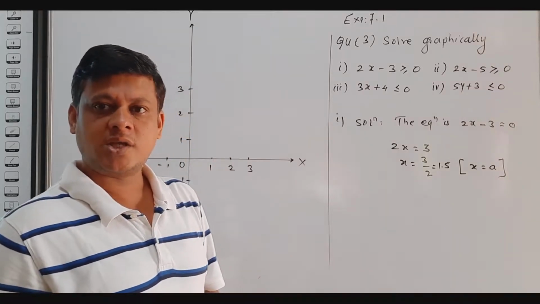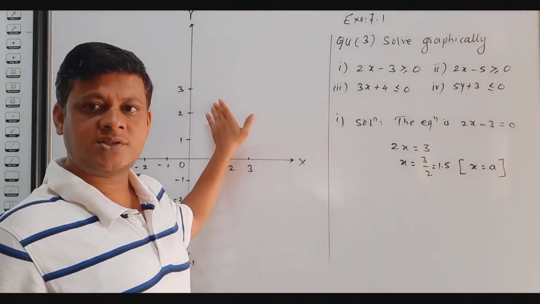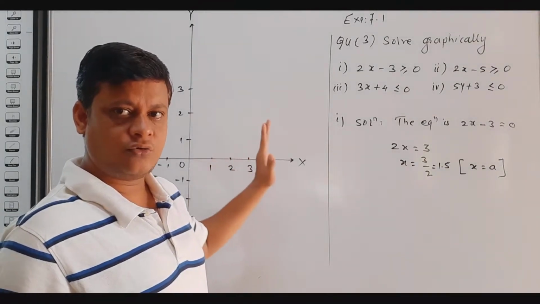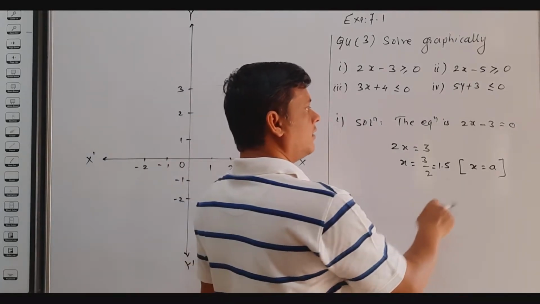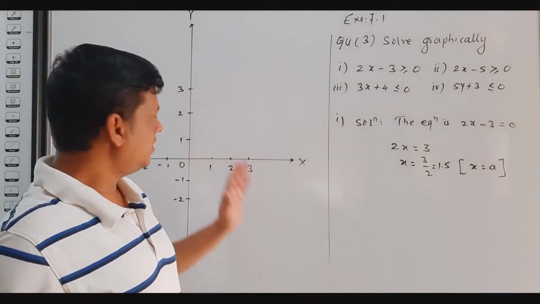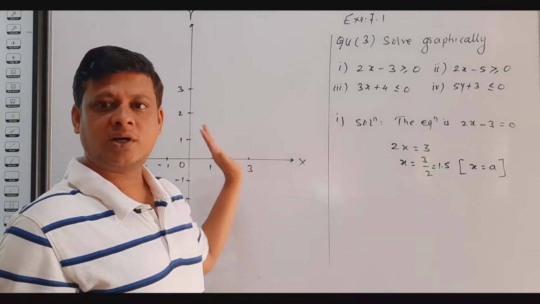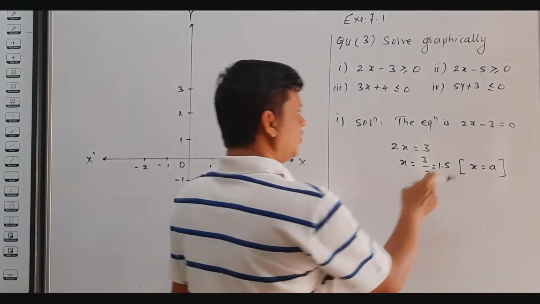Now for checking the solution set, the graphical solution, we have to check one point, and if that point satisfies the inequation, then we mark towards that point, or opposite to that point if the condition is not satisfied.